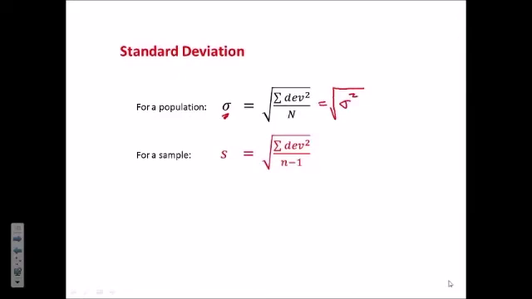Similarly, for a sample S, the standard deviation is the square root of the sum of the squared deviations divided by degrees of freedom, or the square root of the sample variance. So to get S, we need to take the square root of S squared, which we saw was 59. That would give us approximately 7.7.